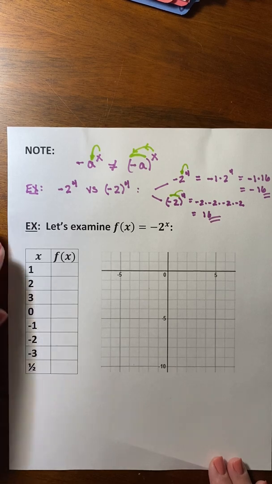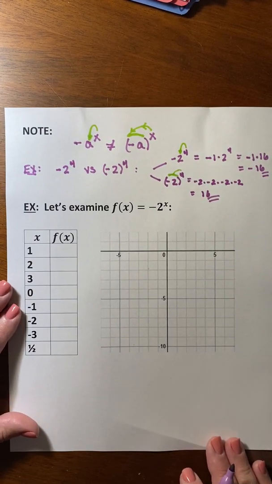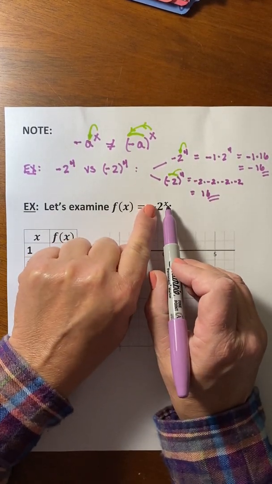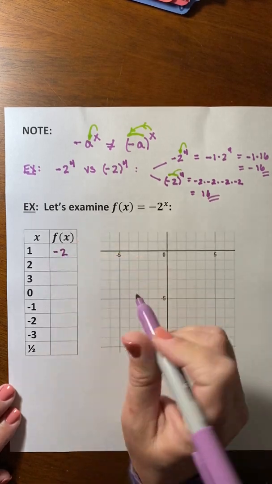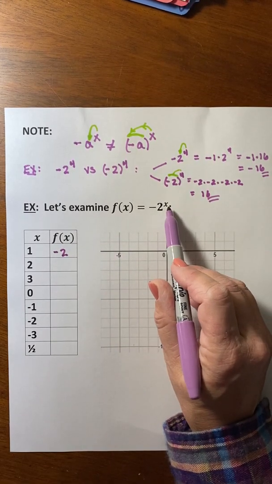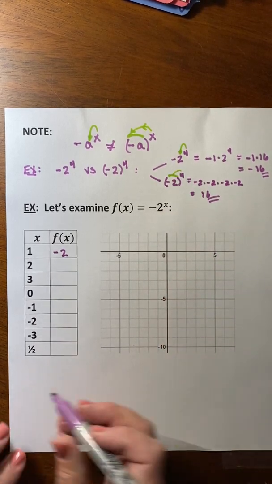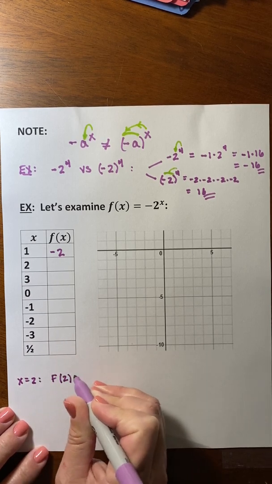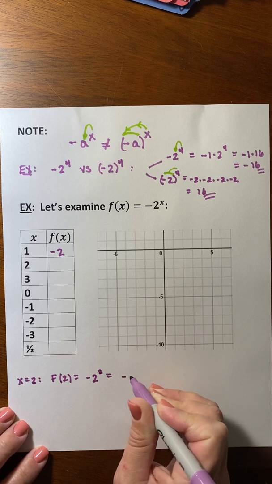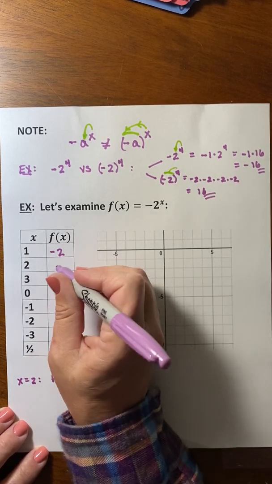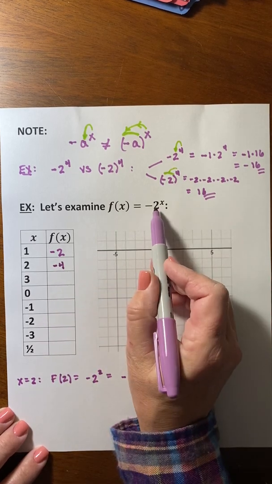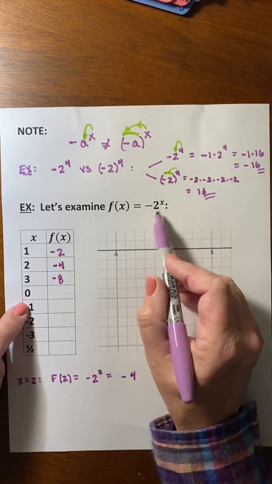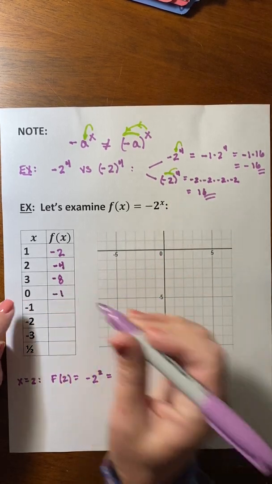So let's look at the function y equals -2 to the x more in general and make a table of values. If x is 1, it's going to be -2 to the 1 power. So we do 2 to the 1 first, which is 2, and then put the negative out front. It would be -2. If x is 2, f of 2 would be -2 squared, well, we would square the 2 first, which is 4. It'd be -4. In the same fashion, if we put 3 in, 2 cubed is 8 with a negative out front, would be -8. Be careful here. We put in 0. 2 to the 0 is 1 with a negative out front, would be -1.